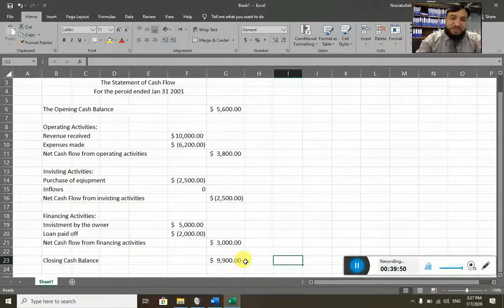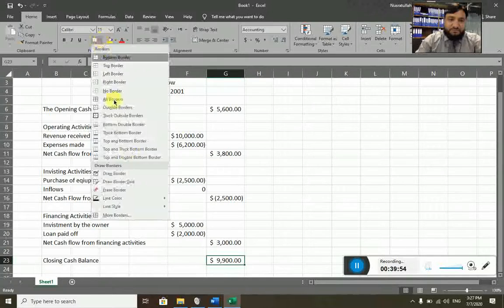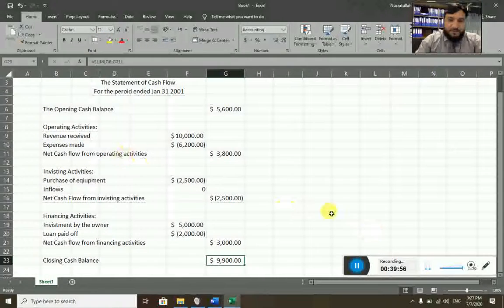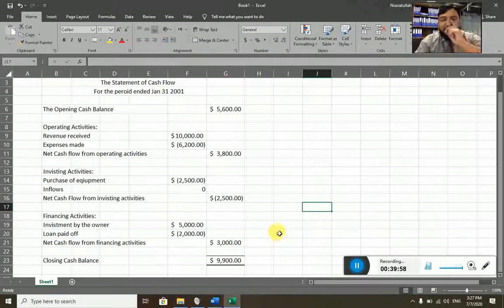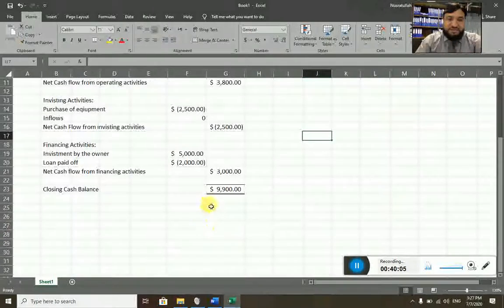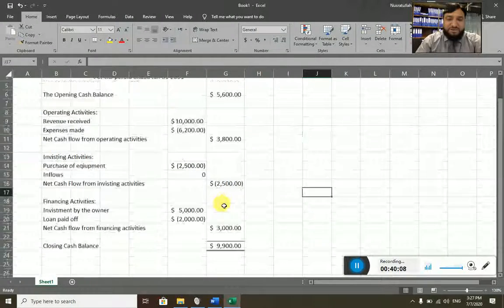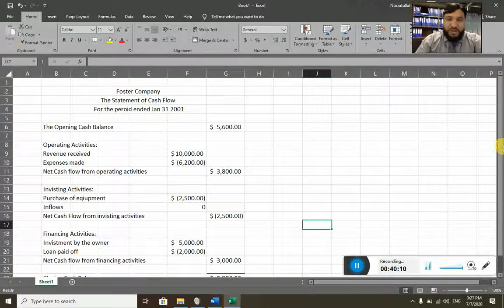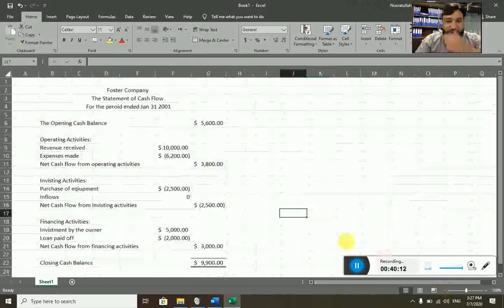We see that there is 9,900. This 9,900 is the cash balance as of January 31st, and this is going to be reported in the balance sheet under the cash portion, right?